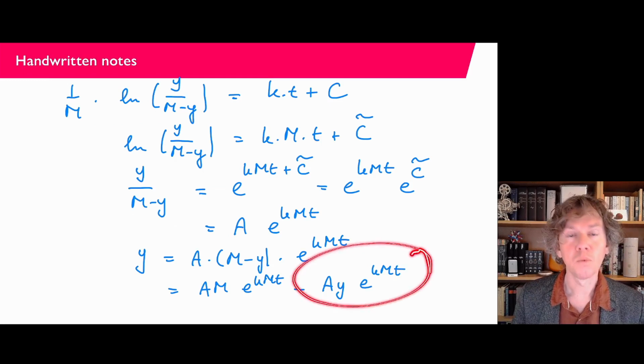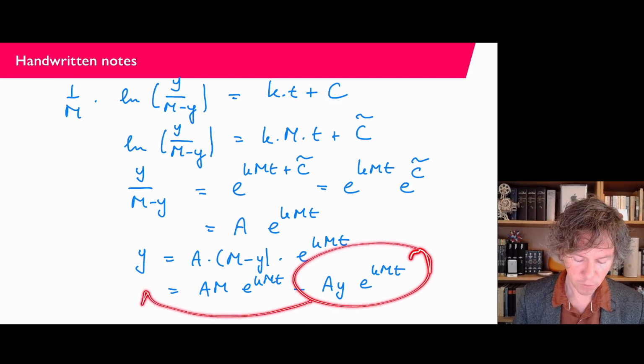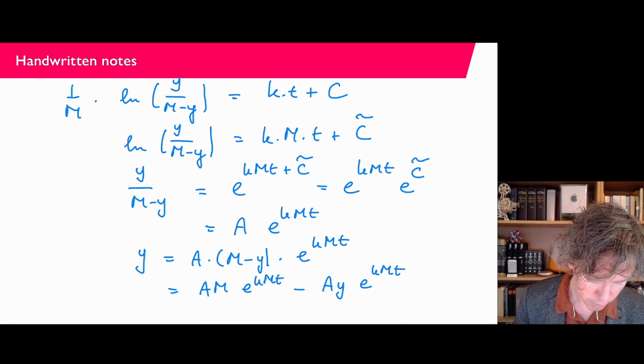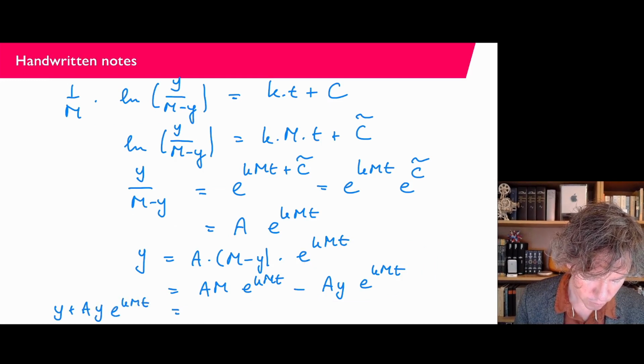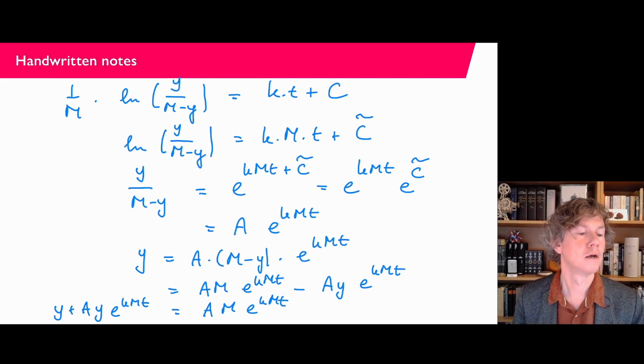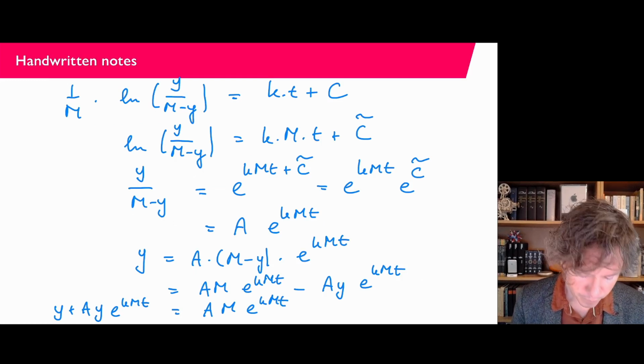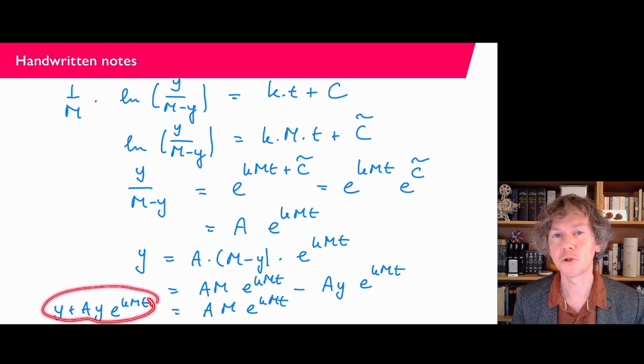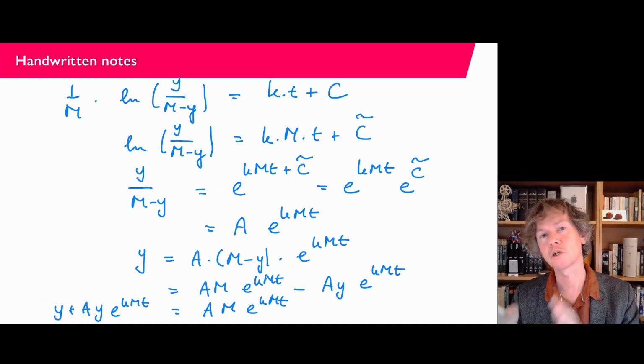I can move this one to the left side of the equation, and then what I have is that y plus a y e^(k m t) equals a m e^(k m t). Here I can pull out the y, and then in between brackets I get 1 plus this exponential.